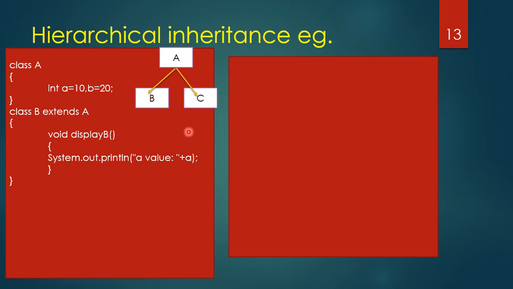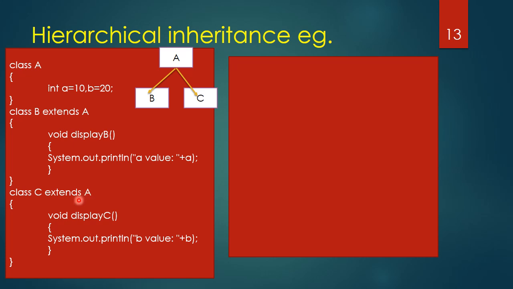And class B extends A. So class B is the subclass of class A, and one method, display B, is taken, printing that A variable. Next we create class C, which is also a subclass of class A according to this diagram. So class C extends A. C is a subclass, A is a superclass, and a display method is taken here, printing that B value.